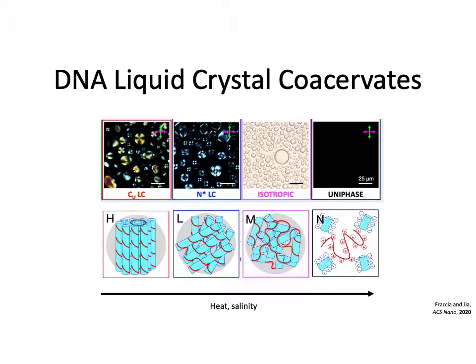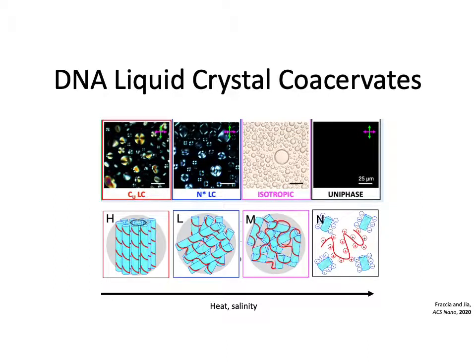Increasing the heat and salinity results in the slight disassembly of these hexagonal bundles, but still the existence of the rods and the interaction with the peptide, suggesting the co-localization between here the cholesteric phase and the liquid crystal phase.